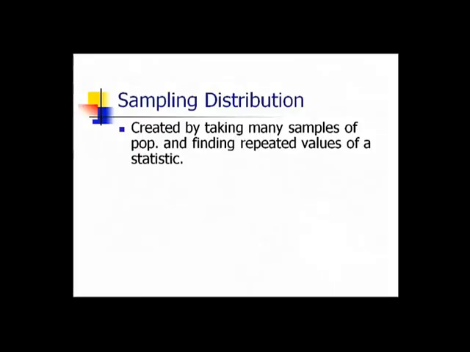But it turns out the sampling distribution is the key to understanding how we can go about estimating a population parameter from one single sample and the sample statistic that we measure from that one sample.